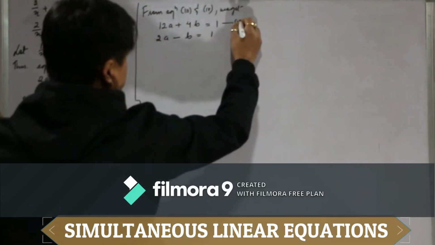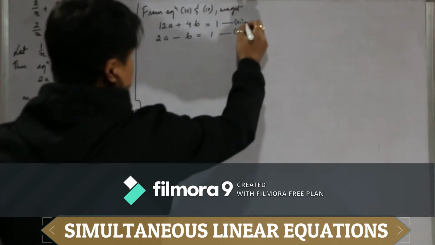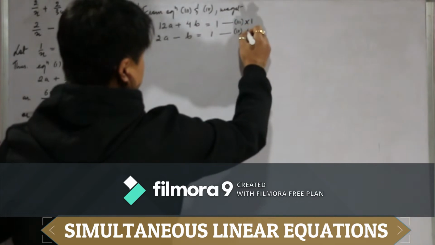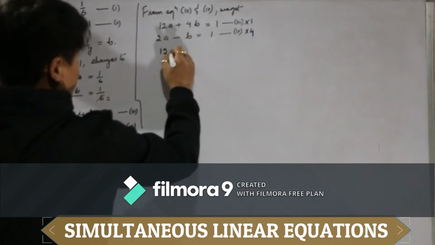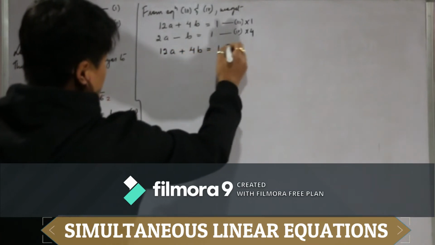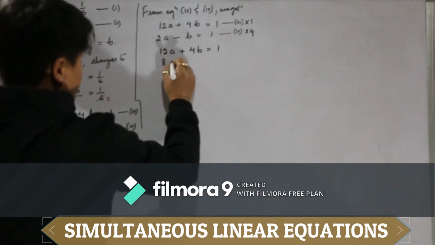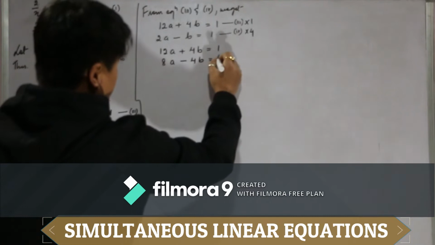Now we will multiply equation 3 with 1, equation 4 with 4, then we will get 12a plus 4b is equal to 1, and 4 2 are 8a minus 4b is equal to 4 1 are 4.